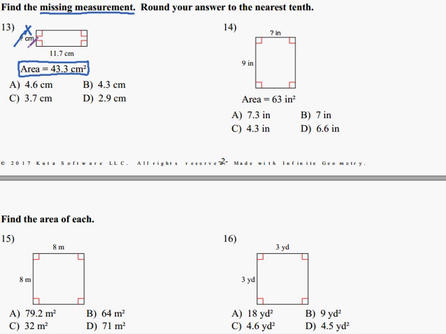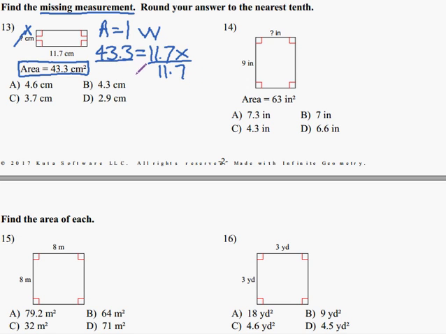My formula, A equals length times width. A is 43.3. Length is 11.7. X is the width. So this formula says multiply 11.7 times x. When we did solving equations, we did the opposite. If we have 11.7 times x, we undo that by dividing by 11.7.